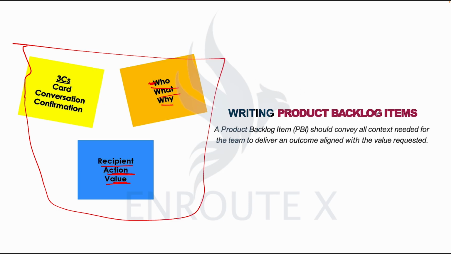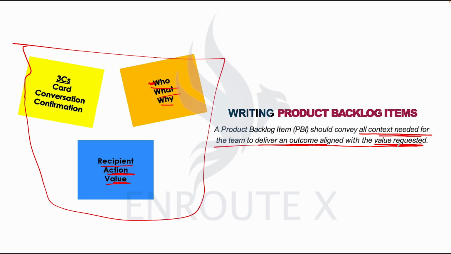So, writing product backlog items. A product backlog item should convey all the context needed for the team to deliver an outcome aligned with the value requested. The value requested is the requirement from the stakeholders.